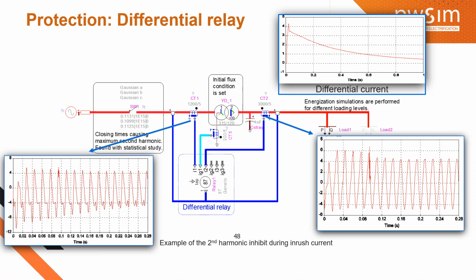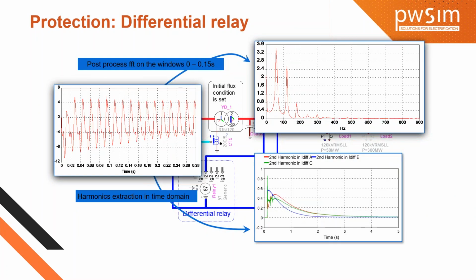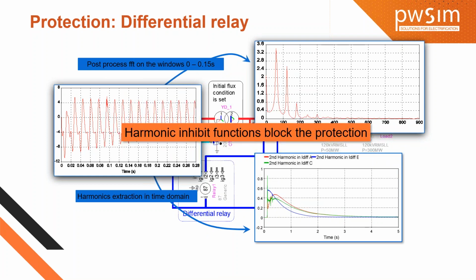After calculating the differential current, we go with the FFT analysis in the scope view, and we can calculate the second harmonic inhibit value, and we can add that second harmonic value in the differential relay to avoid the operation of the differential relay at the time of transformer energization. Like this, we can perform the differential protection for the transformer.